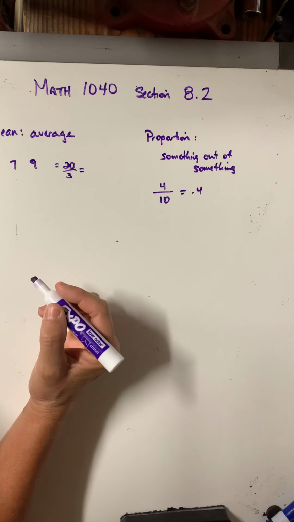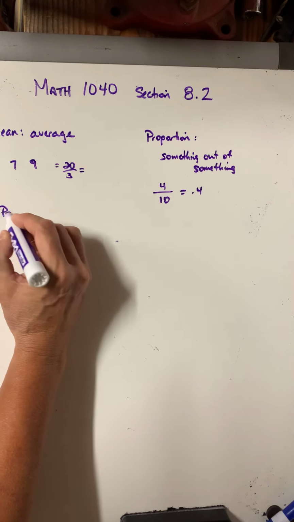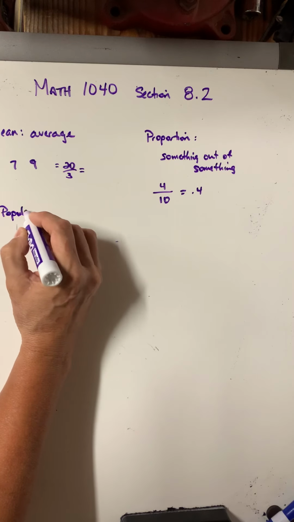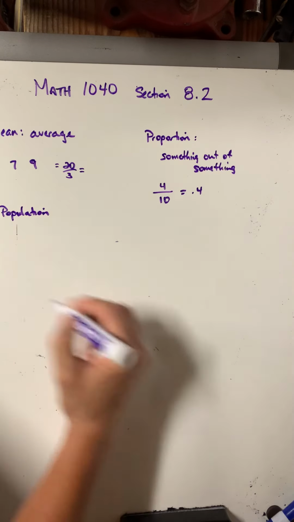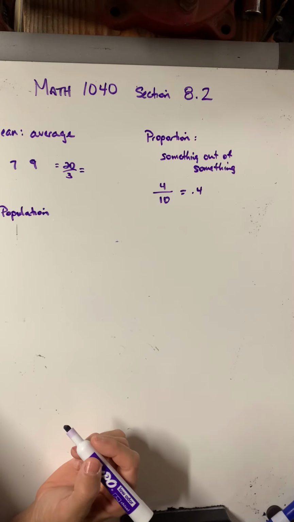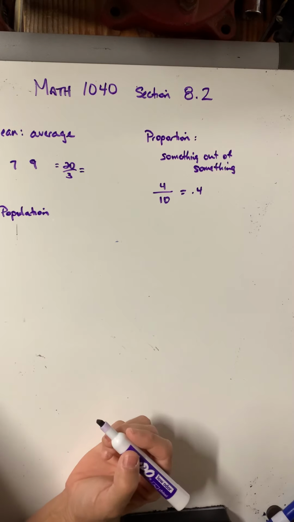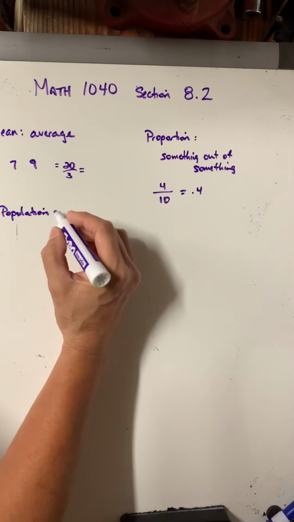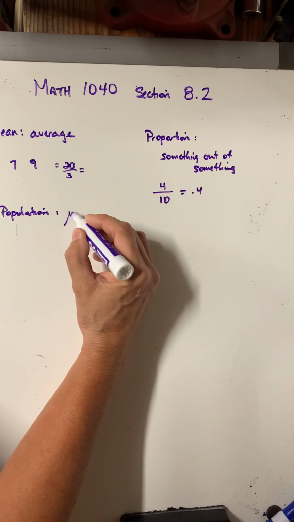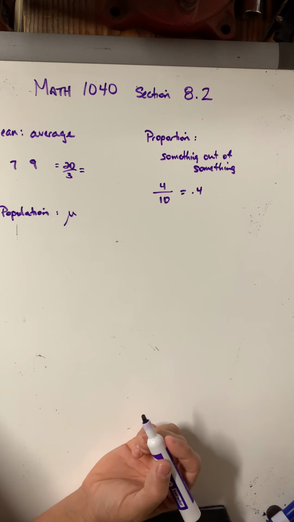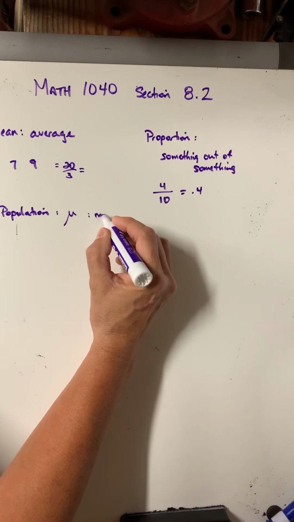All right, let's talk about a population, which, remember, is like the biggest group, if I'm talking about the population of Americans in the US. The mean for a population would use this Greek symbol for mean.